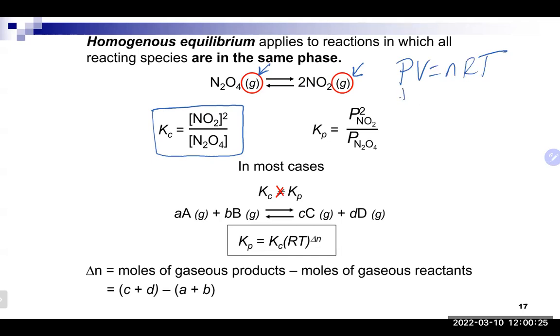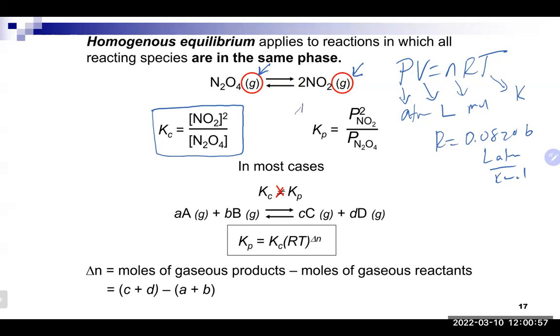Pressure needs to be in atm, volume is in liters, n is moles, T is Kelvin, and R is the gas constant, 0.08206, or 0.0821 if you rounded when you were learning it. Because we often deal with pressures involving gases, we can also write an equilibrium constant that deals with pressures.